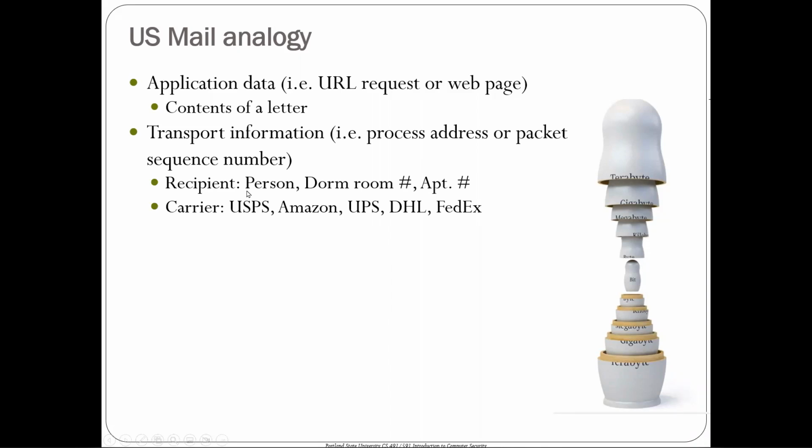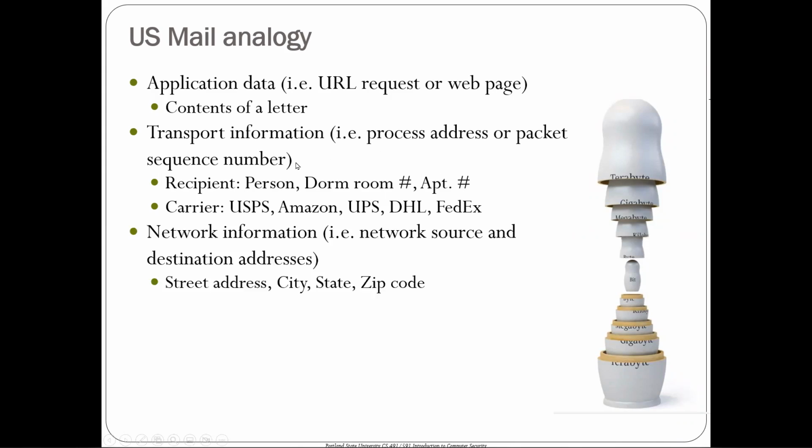It could also be analogous to the US Postal Service, Amazon, or any of these delivery services. That's the equivalent to the transport layer in the internet protocol, which is telling you the process address, maybe the sequence number, that kind of information. The network information is basically just your street address, city, state, and zip code.